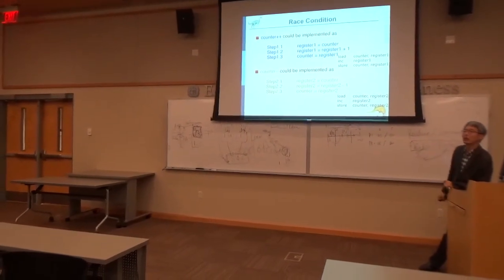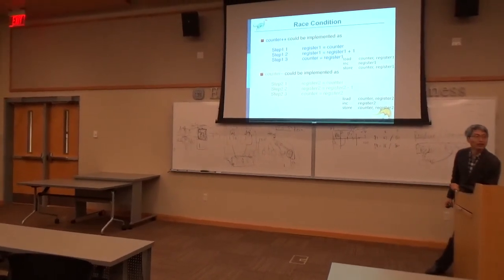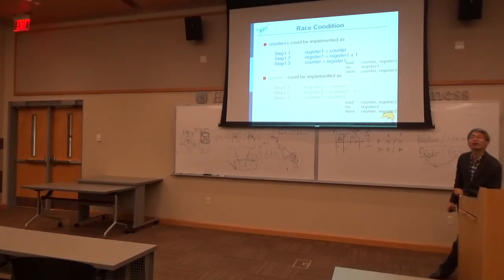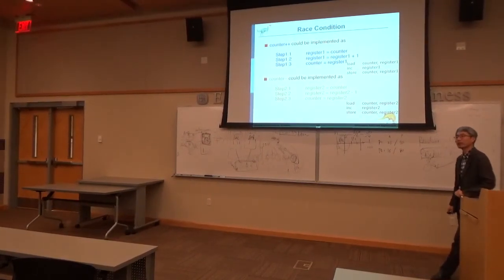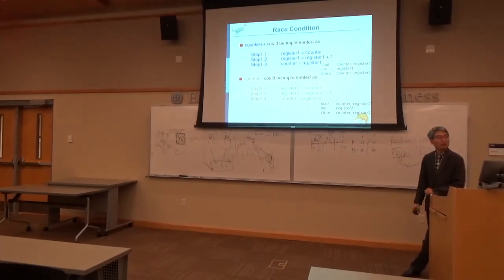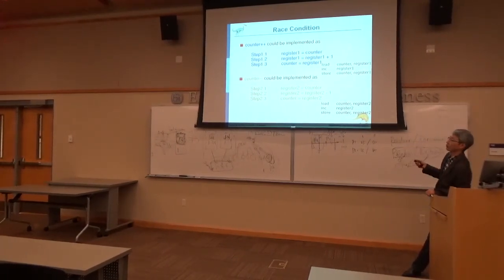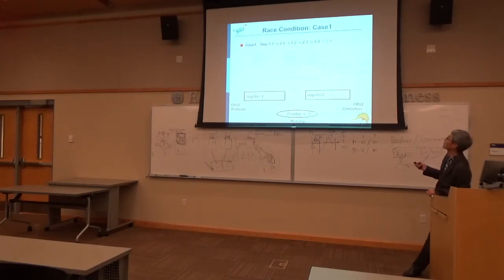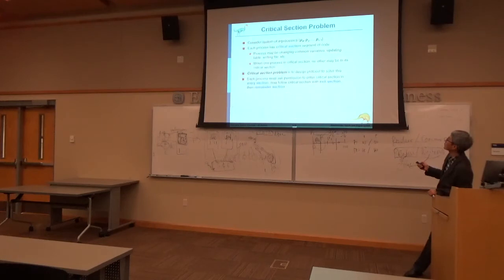Because of that, when you are using a database, you need to check whether the database supports multiple transactions. Okay? If the database is a single-user system, it doesn't require a transaction model. Otherwise, it requires. So this is a race condition. So we need to address such a problem.